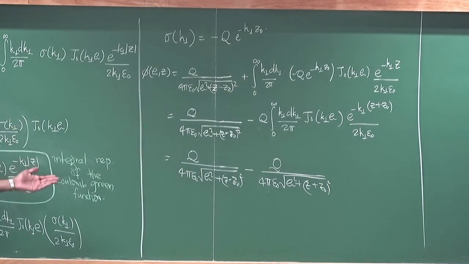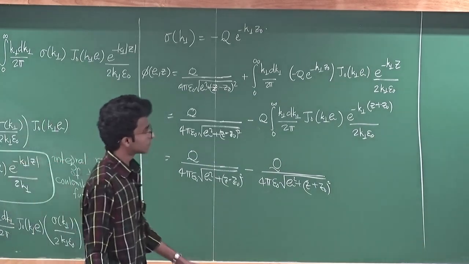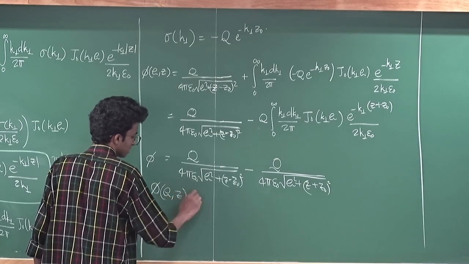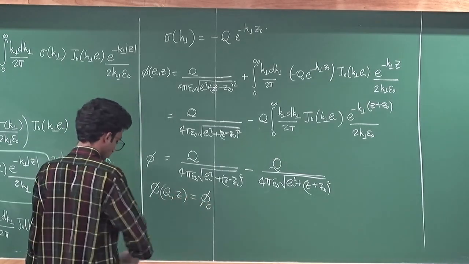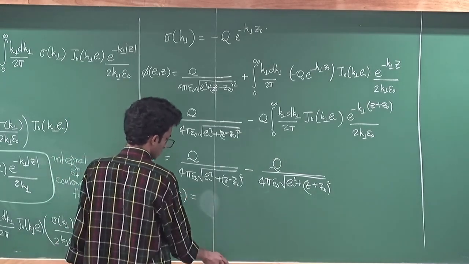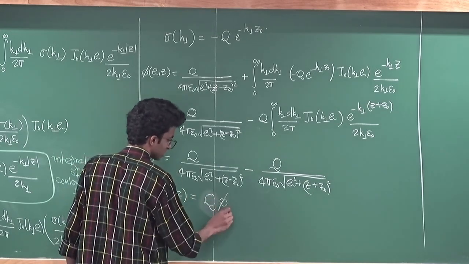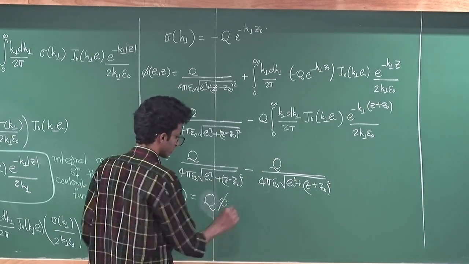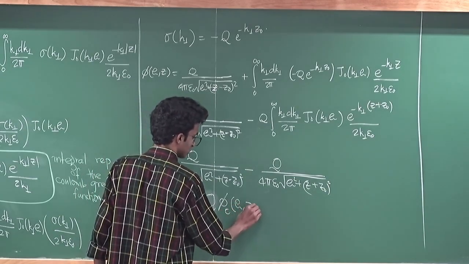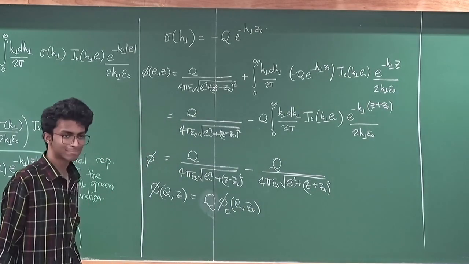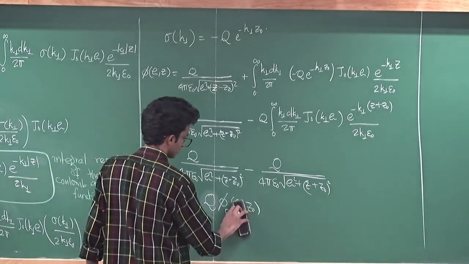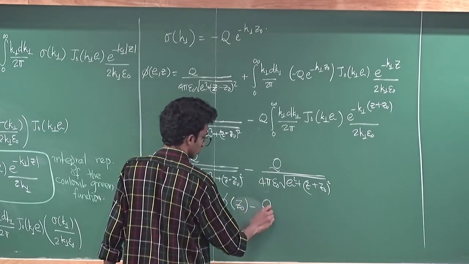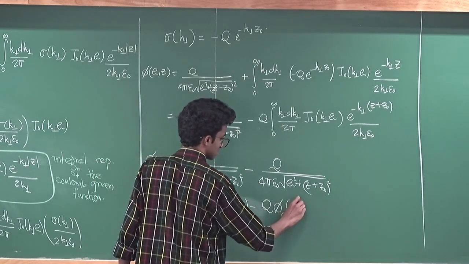And that's the method of images, right? Because basically what it says is that the potential everywhere is equal to the potential due to a point charge q, which is q times the Coulomb Green function for a charge at z naught, minus q times the Coulomb Green function for a charge at minus z naught.